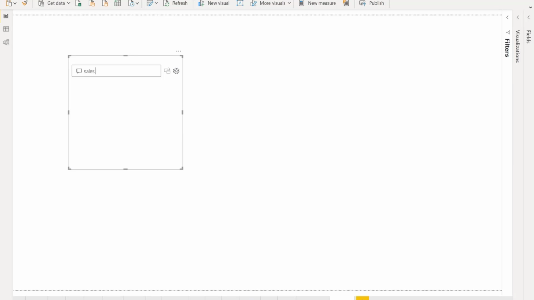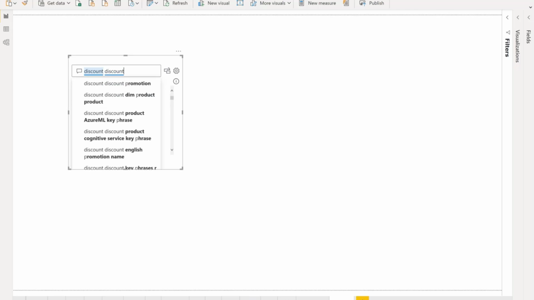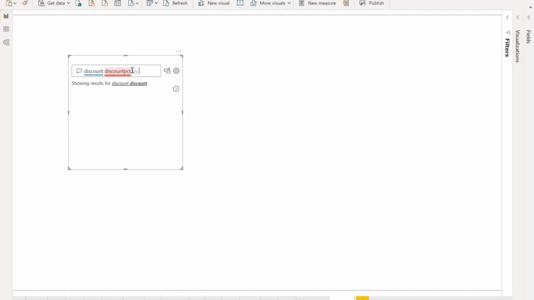I think sales amount and by, no, we had the discount and the discount percentage. Yes, the percentage. Can we have the percentage here? The discount unit price, the discount, yes, and the discount percentage. Please give me the discount percentage by territory.